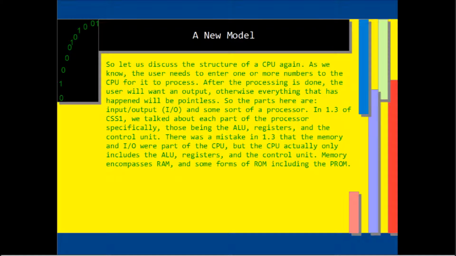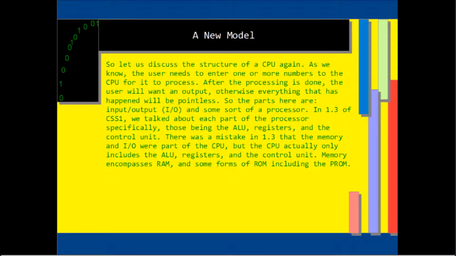So the parts are here. You have an I/O, an input and output system, and you have kind of a processor inside of the CPU. In 1.3, I talked about each part of the processor specifically. So I talked about the ALU, the registers, and I said that there was a control unit.